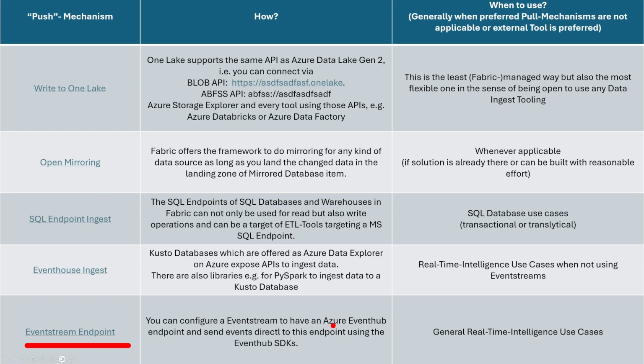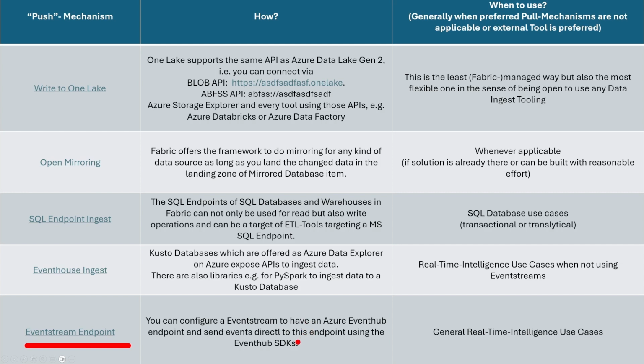You might have IoT gateways which want to connect to this endpoint, so they can directly send their data to it, and this endpoint is Azure Event Hub in nature. So you can set up an event stream, you get an Event Hub endpoint, and you can send events directly to this endpoint using the same SDKs you would use for Azure Event Hub.